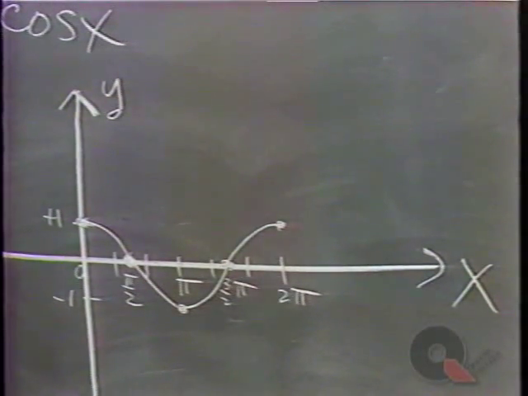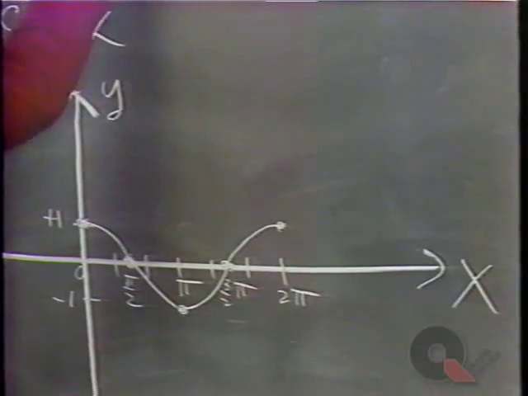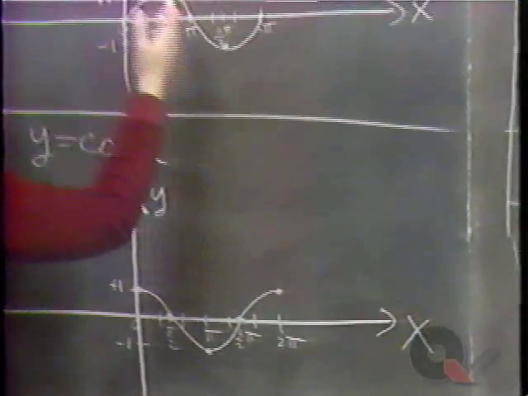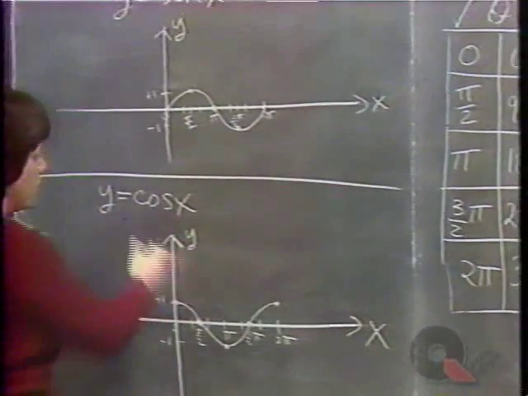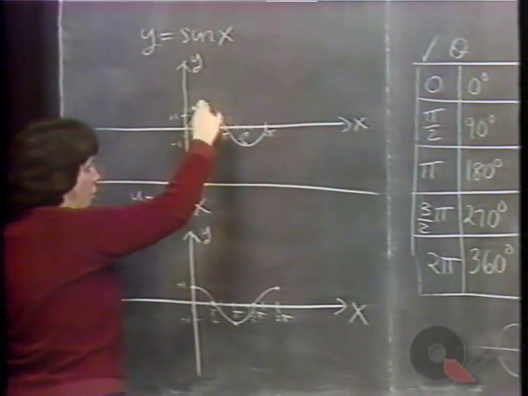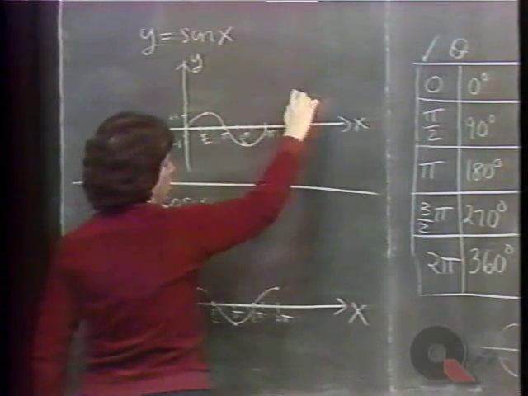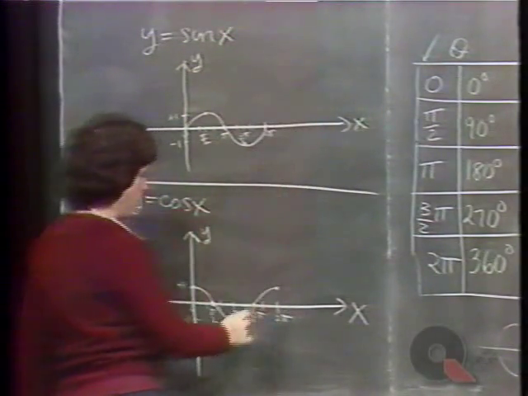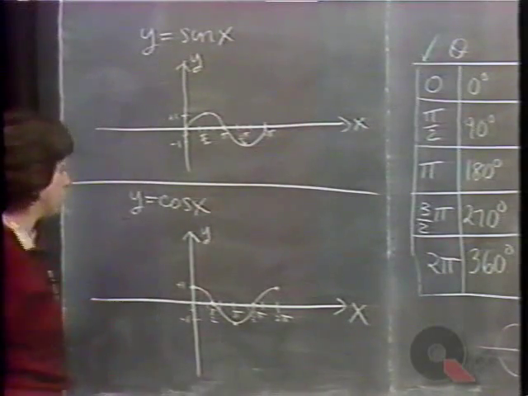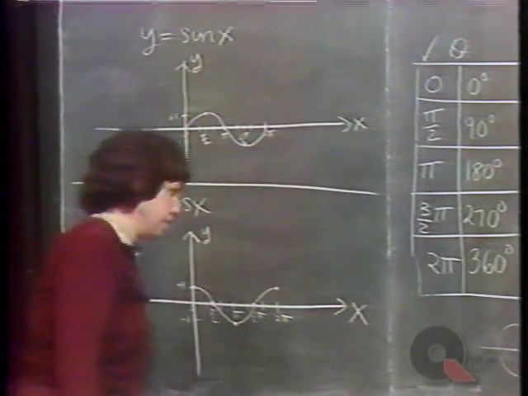The only difference is that the cosine curve is starting up here at 0. It's sort of like a 90-degree shift, or pi over 2 shift from this curve here. It starts at the top of this hill, goes down, comes up, and of course continues, as this curve would also continue. Okay, so we have y equals sine x and y equals cosine x between 0 and 2 pi.